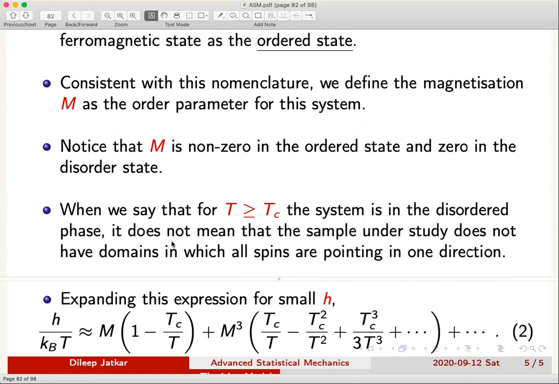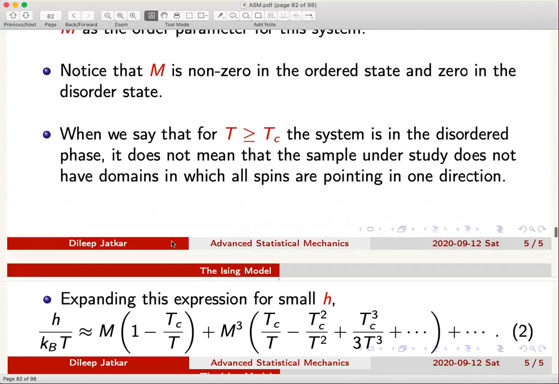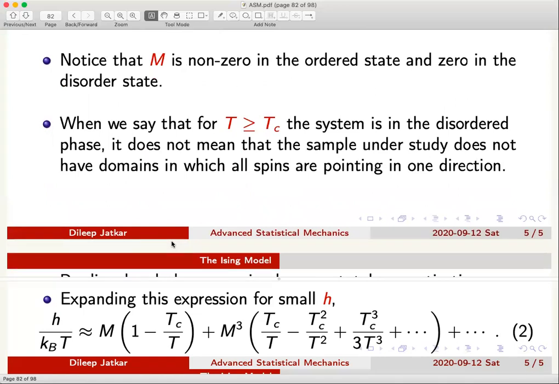It is just that those domains may be very small. If you connect the system to a heat bath, those domains may just dissolve also. But that such a structure does not exist at all is not the statement that one is trying to make. What one is trying to say is that the effective magnetization of the system for T greater than Tc would be 0.